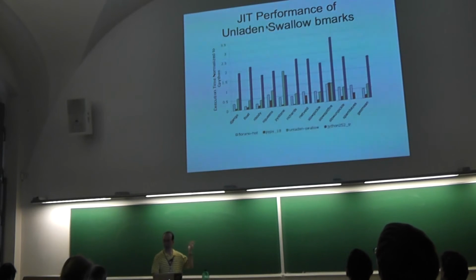Here's another set of benchmarks, Richards, which again shows PyPy achieving about 5.5 times better performance across a wide variety of benchmarks, with Unladen Swallow and Fioronto getting maybe 2 to 3 times better, if not less.